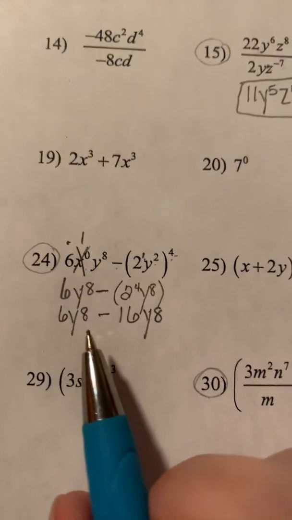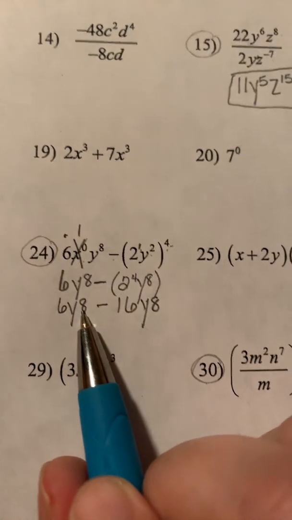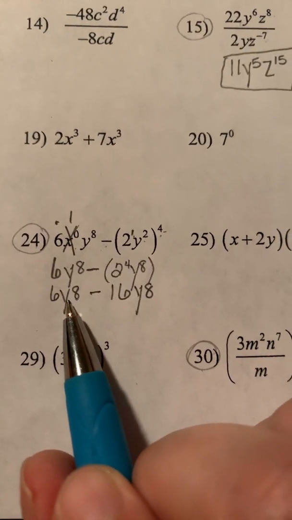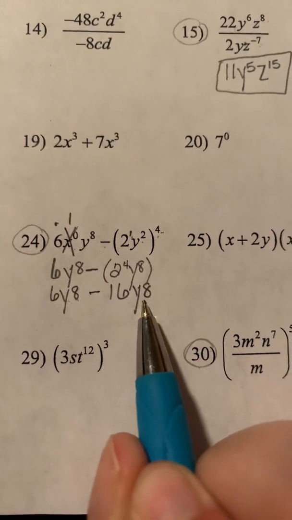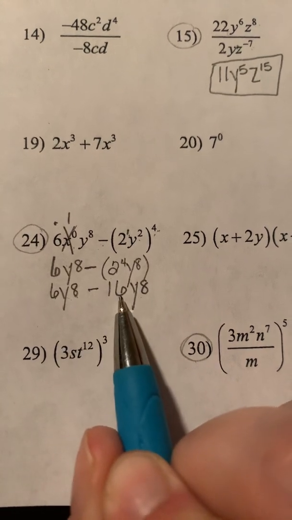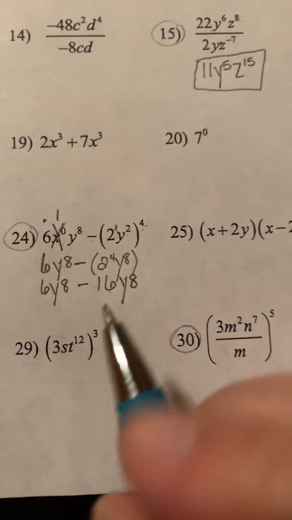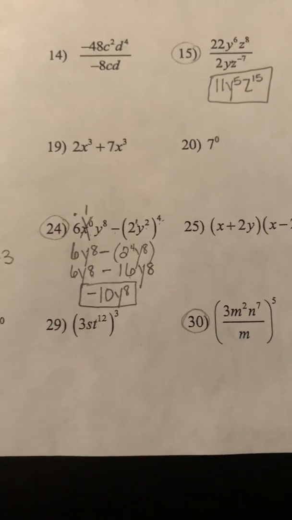Now we're allowed to subtract these because whenever you add and subtract with polynomials, they have to be the same variable to the same power. So this is y to the 8th, this is y to the 8th. So we can take 6 minus 16 to give us negative 10y to the 8th. There's our final answer there.